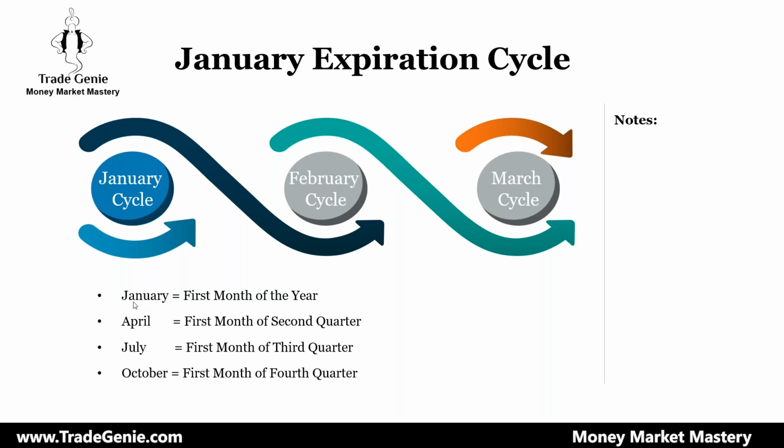When August expires, we will see the month of April added, because then September will become the current month, October will become the subsequent month, and then the 2 months for the January cycle will be January and April. So this is the way another month gets added. You will see April options start to trade in Apple.